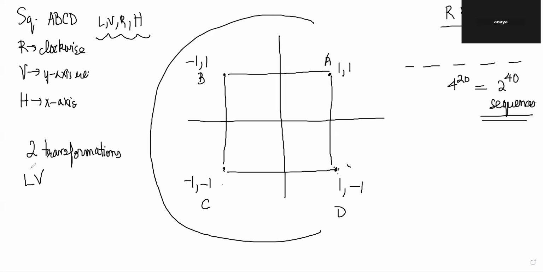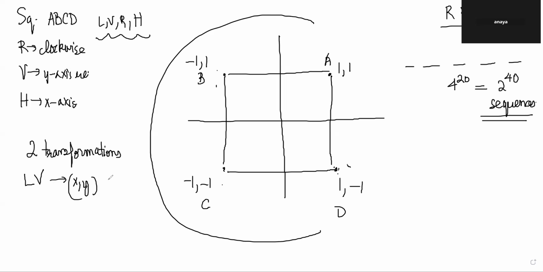L is an anticlockwise rotation, so A goes here, and V is a reflection in the y-axis. So A would go from here by the y-axis, and it will come back to the same place. After LV, you will come back to the same place.